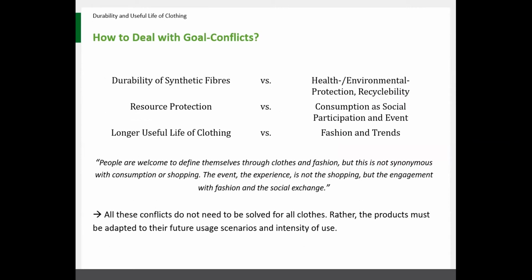At last, there's the challenge of global conflicts and how to deal with them. There are many conflicts along the value chain. You probably know a lot yourself. I picked these three for my input today. First, it is assumed that synthetic fibers or blends with synthetic fibers improve the durability of a garment.